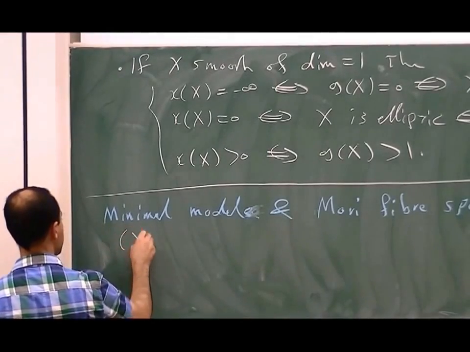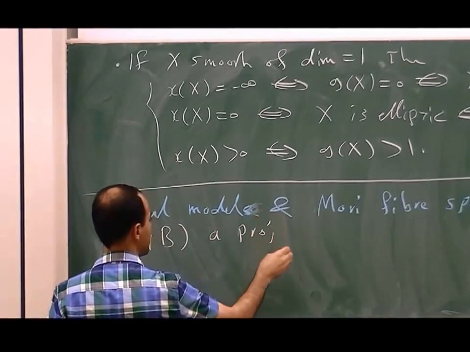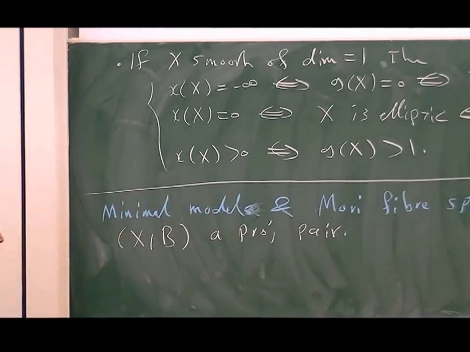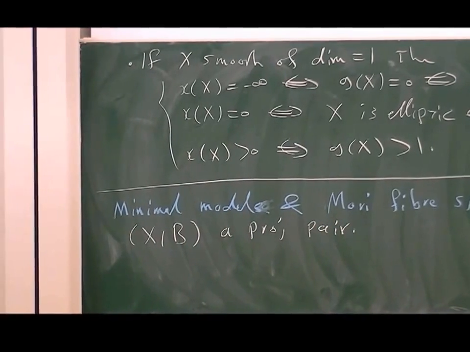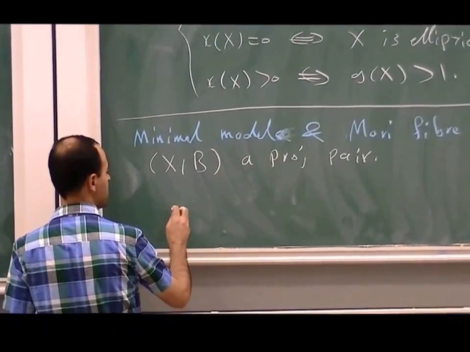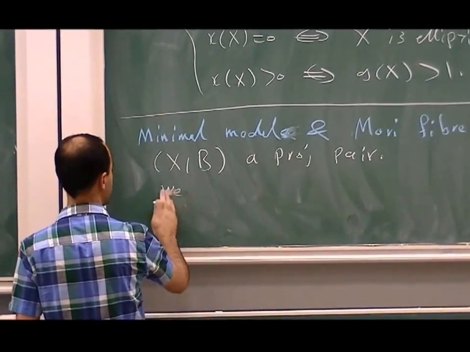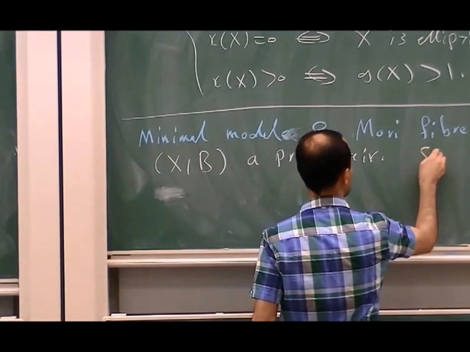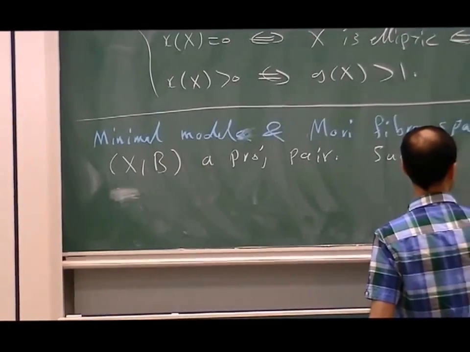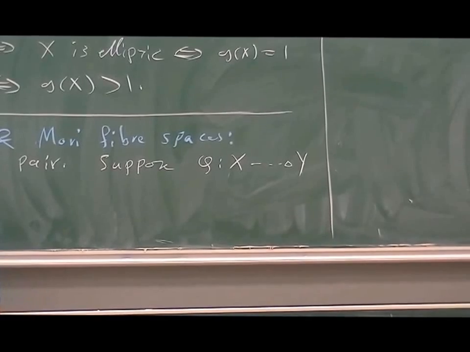Suppose that we have (X, P), a projective pair. Now suppose that we also have a birational map from X to some other model Y.